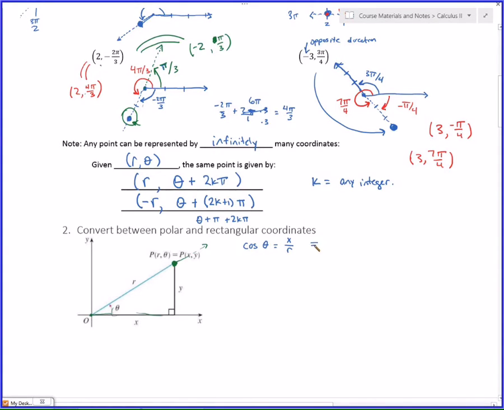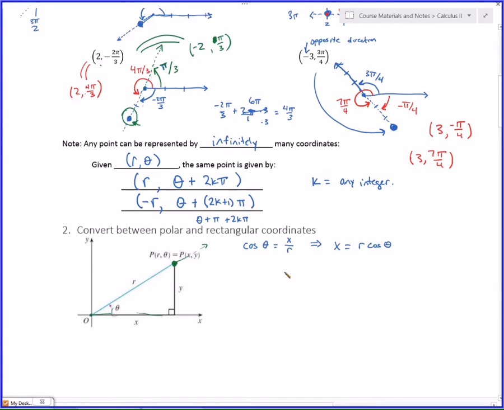But think about that. That's actually a very nice equation, because if I move the r to the other side, I've got x is equal to r cosine of theta. If you know r and theta, all you have to do to find an x that goes with it is r cosine theta. Take the r, times cosine of the theta, you found your x.